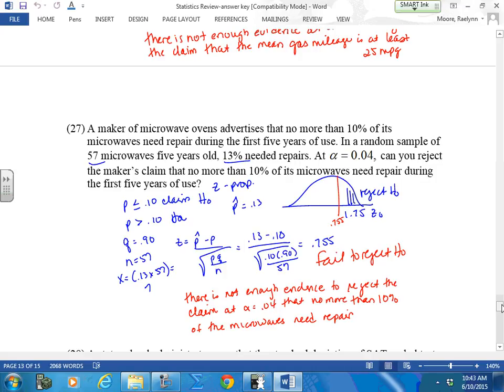Now, if you use your calculator, you need an X, you need an N. You don't have an X, you have a p hat. This is your p hat. It's perfect for your formula because we need your p hat. For your calculator, you've got to multiply 57 times 0.13, and you're going to have to round.